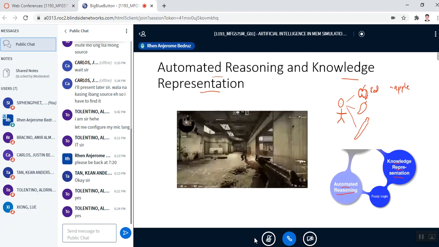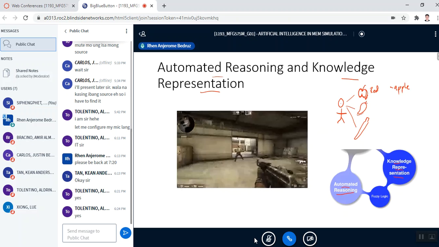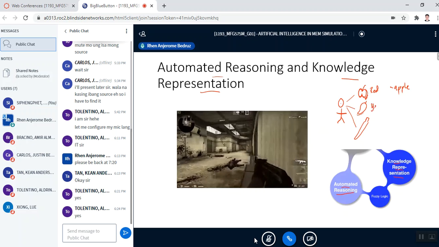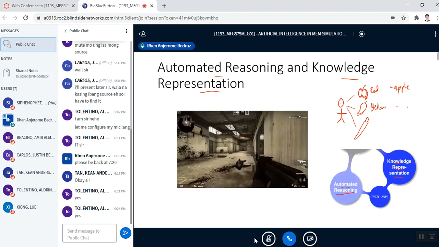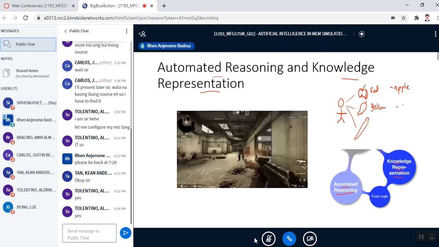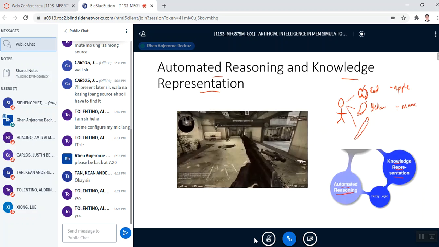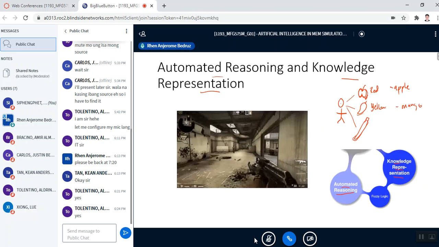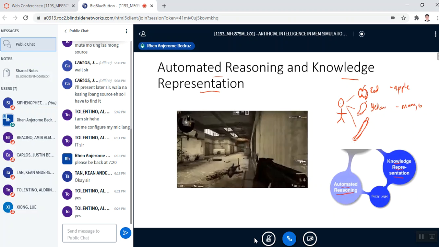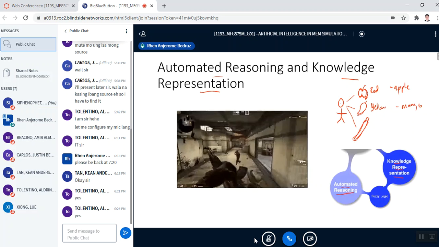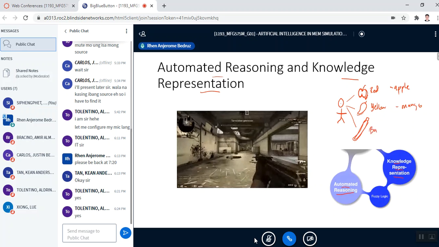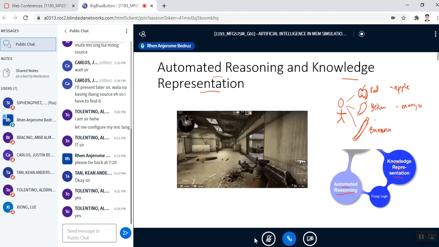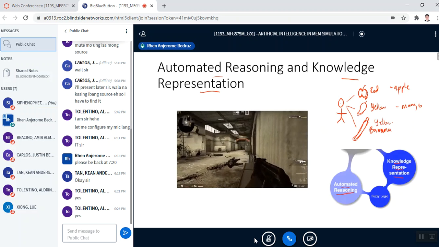If I see a heart-shaped fruit that is yellow, I could represent it as a mango. If I see a long, crescent-shaped fruit, if it's yellow, that's a banana.